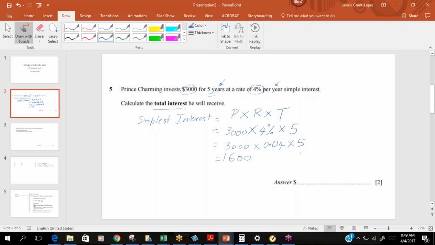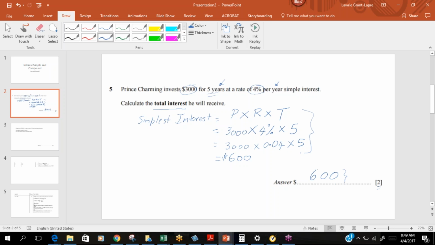The total interest he will receive is in fact $600. If it's 2 marks, remember, quite often we're looking for some working, so you will get a mark in here and a mark here.